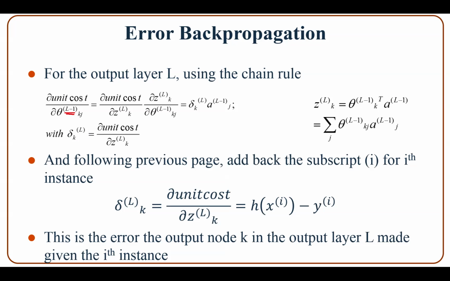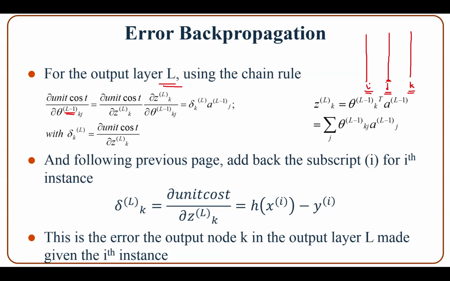So first we look at the output layer L. And here, to make things easier, I use k for the index of nodes in the output layer, j for the index of nodes in the hidden layer, or if you have more than one hidden layer, then you also use j, and i for layers just before this layer.